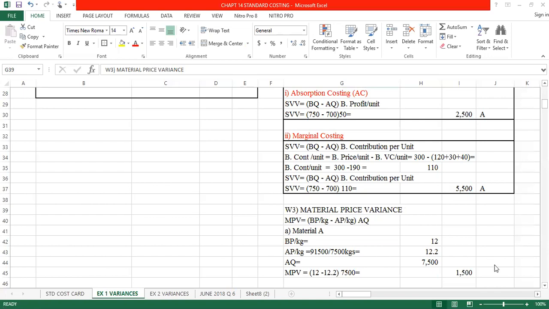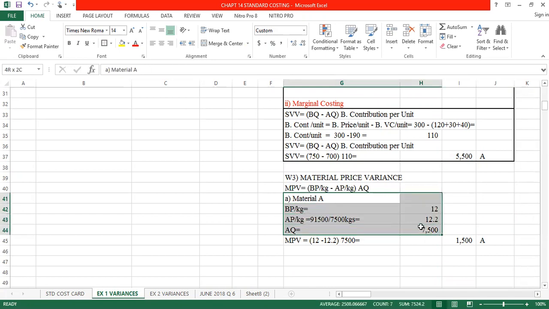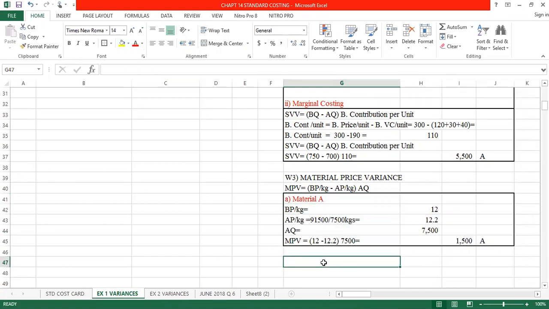So if you lose, it becomes adverse. So that is for material A. Let us also do the same for material B. What about for material B?